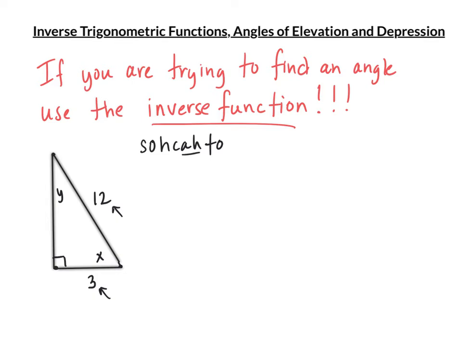And I see that that is cosine. This is going to be an angle we're looking for. That means I'm going to use the inverse function. The difference being here that we don't put in an angle, we put in a ratio. When we use an inverse function, it's a ratio we plug in, or it could be a decimal. In this case, it's adjacent over hypotenuse, which is 3 over 12. And that will give me x.